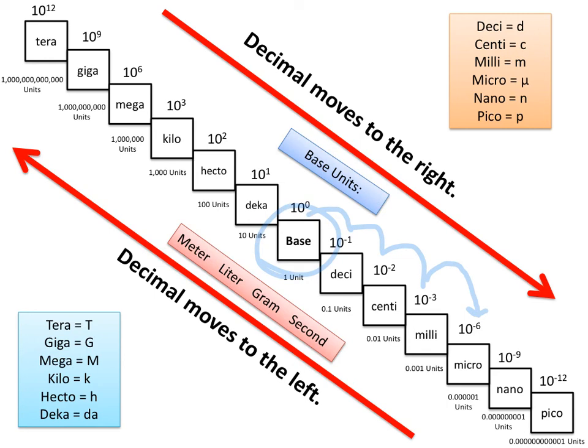So what you have to understand is that there's a 4 and a 5 in between there. They just don't have names. So when you're converting, say, from a base unit to micro, you're going to move your decimal all 6 places. 1, 2, 3, 4, 5 for those hidden ones, and 6.